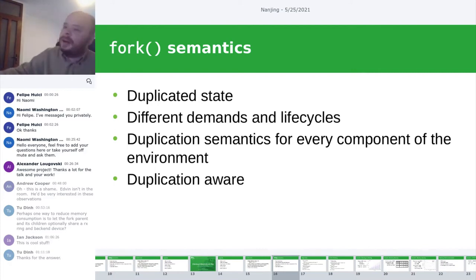And this is, let's say, duplication semantics from a global perspective, but we also have duplication semantics for every component involved in the cloning process. We just have to think about the file descriptor tables or the signal states, and we also have to support that, similarly to adding copy semantics in C++.